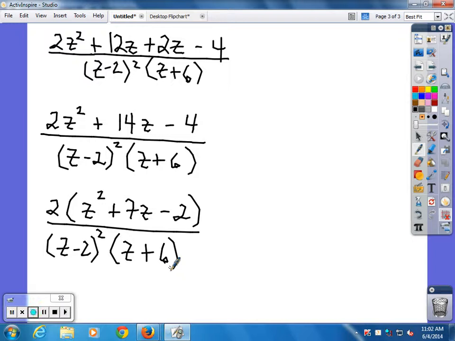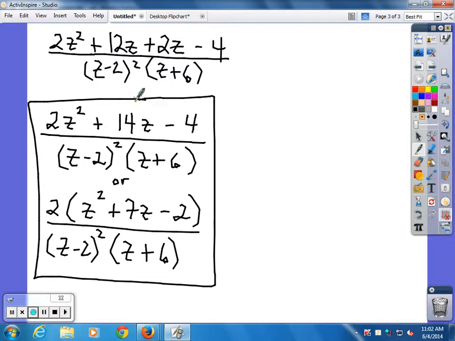That's factorable. So it's either one of these answers. So you could have stopped it at 2z squared plus 14z. The reason I did this was because I wanted to see if this was factorable and maybe we could cancel one of these out. So I would have gotten it right if I kept the first. Either one of those.